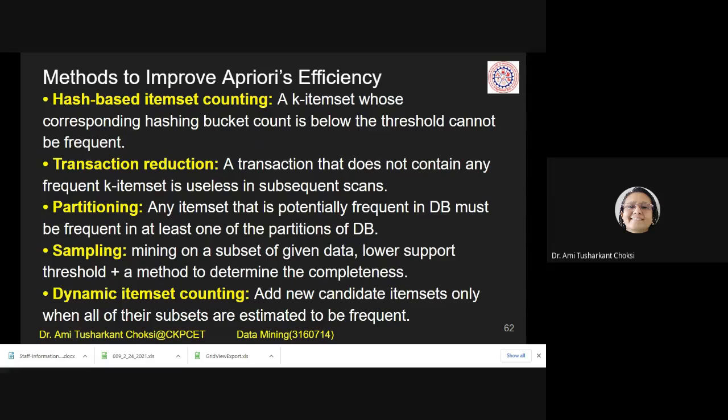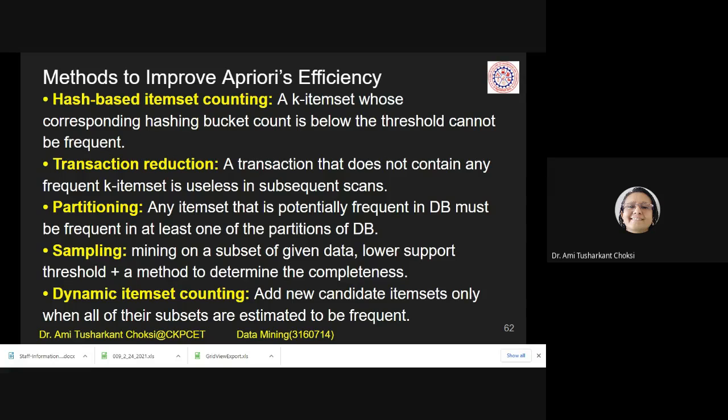So we should have methods to improve the Apriori algorithm's efficiency. So what are those algorithms? They are listed here. Hash based item set counting: a k item set whose corresponding hashing bucket count is below the threshold cannot be frequent.